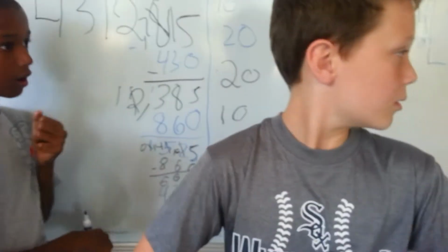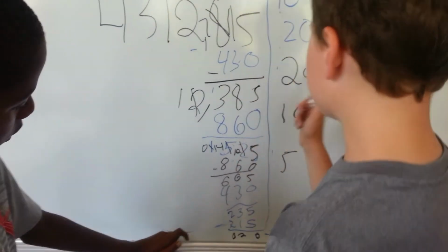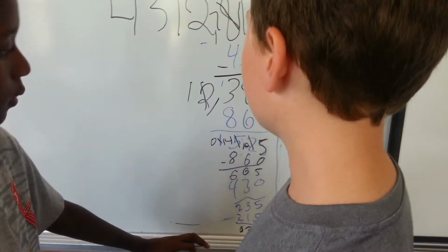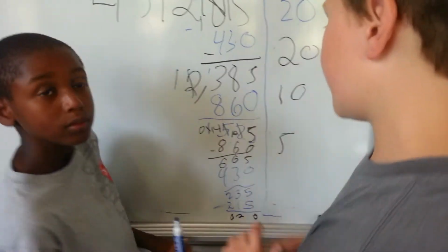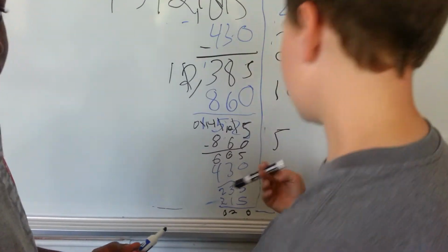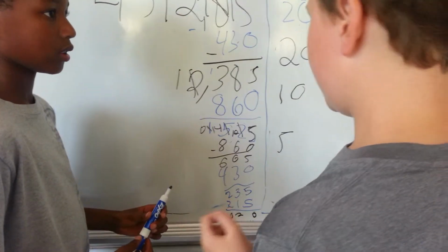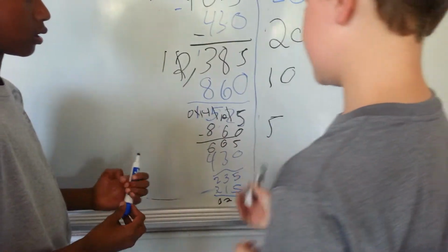Storm, find a place to do number 7. And then we did it times 20, and that gave us 860. So then we minus that. I think we got an answer of 1,525. And then we did 20 again to get 860.